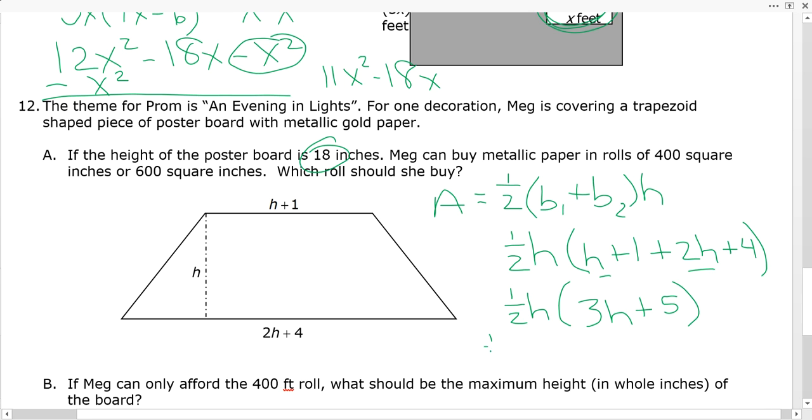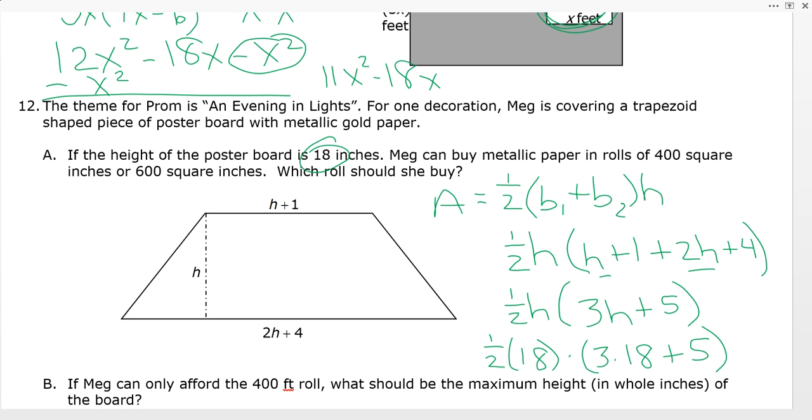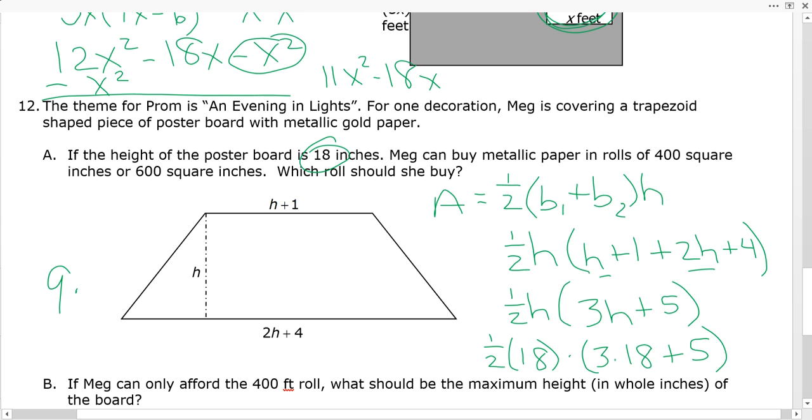Okay, so I have 1/2 times 18 times 3 times 18 plus 5. So if I work that out on my calculator, I guess I'll do it over here. 9 times 3 times 18 is 54 plus 5. 9 times 59 equals 531.